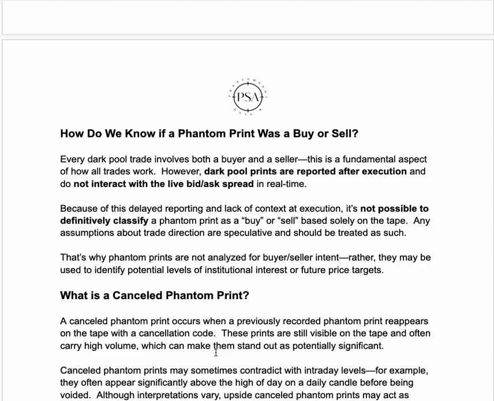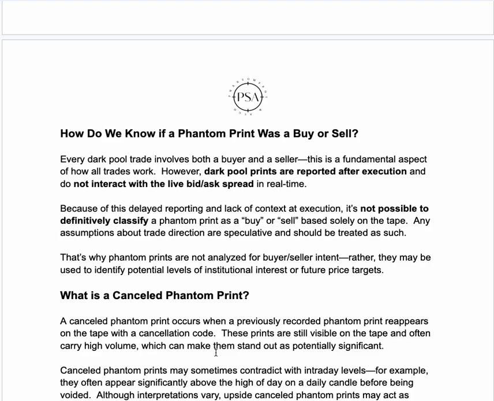And this is a big question that we get: how do we know if it's a buy or a sell? Each dark pool trade involves both a buyer and a seller, and this is a fundamental aspect. These are reported after execution and they don't interact with the live bid and ask spread.